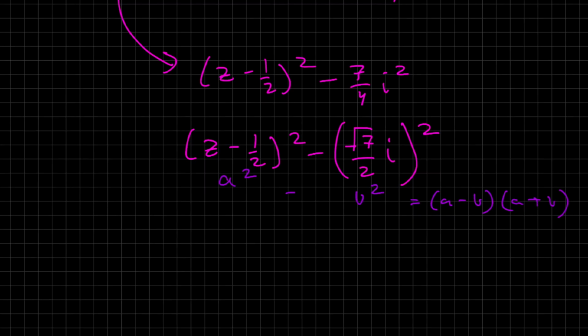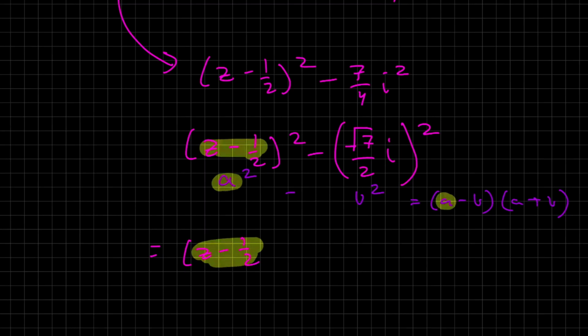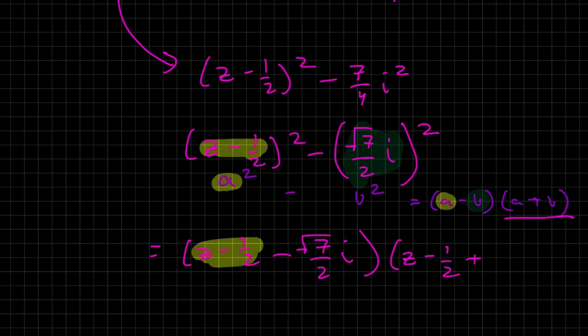Using that method, this can factorize into z minus a half, which is our a, minus our b, which is square root of 7 over 2i. So this factor over here would be z minus a half plus square root of 7 over 2i.